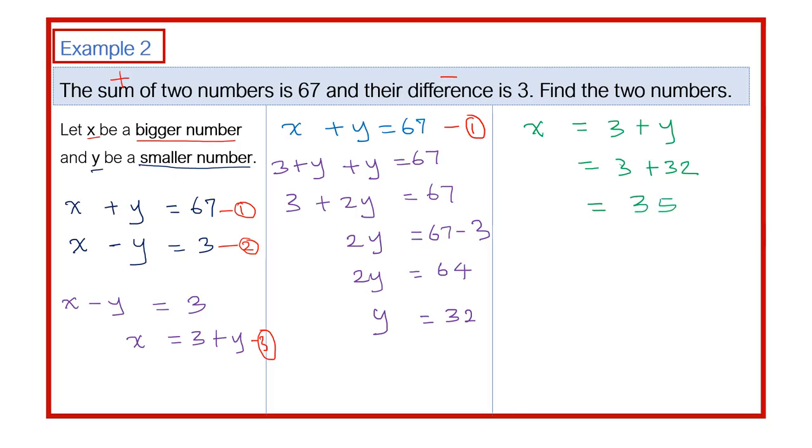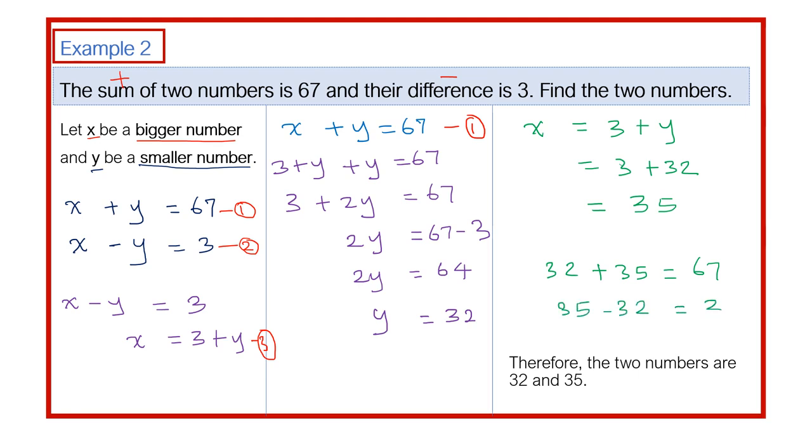So you see that the numbers are 32 and 35. You can see that actually if we get 32 plus 35, we will get 67, and if we get 35 minus 32, we will get 3. So those are our two numbers.